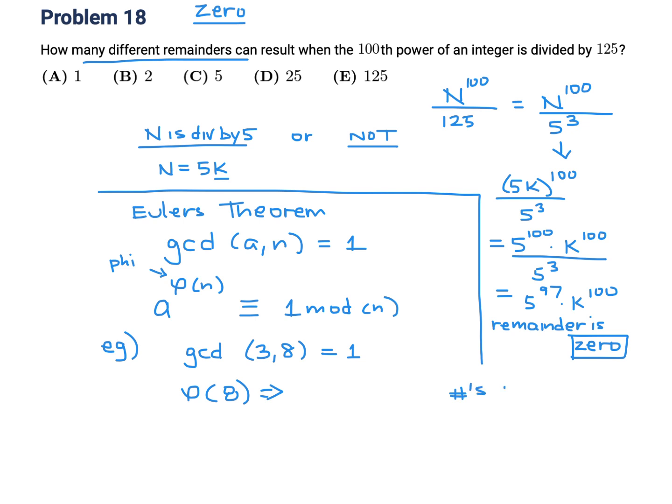And in this case, n is 8. Well, I think 1 is coprime, not 2, because 8 is divisible by 2, so they're not coprime. 3, not 4, 5, 7, and I think that's it.